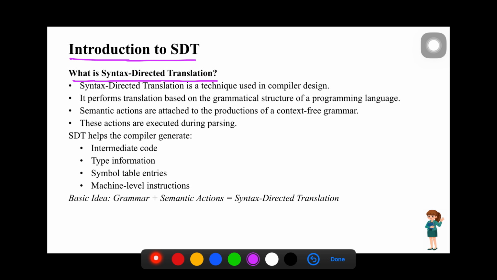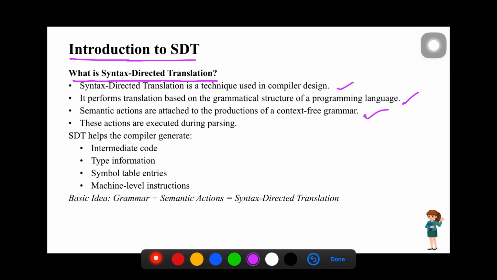Introduction to SDT. What is syntax directed translation? Syntax directed translation is a technique used in compiler design. It performs the translation based on the grammatical structure of the programming language. Semantic actions are attached to productions of a context-free grammar.